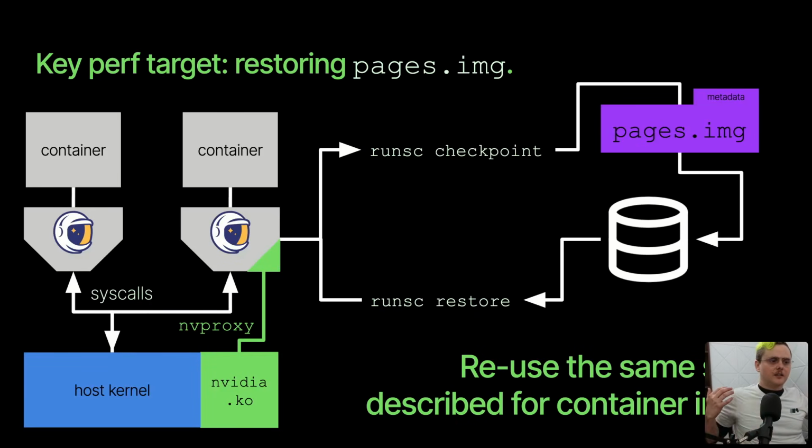And the nice thing is the same system that I described for our container images also works for this disk representation of memory pages. So the exact same combination of disks, like the raw worker page cache, all the way up to blob storage, the same system also helps load these pages.img files, these memory images or checkpoints or snapshots, really quickly.